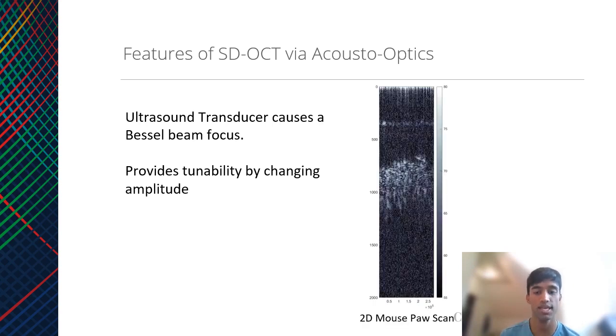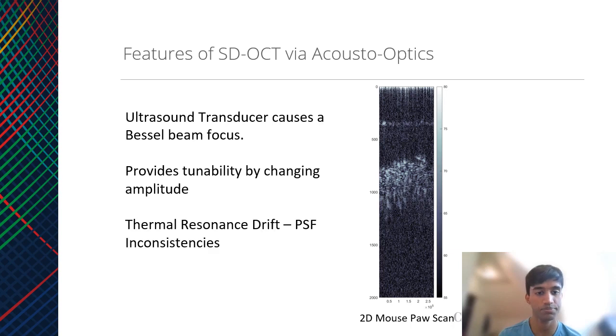So here I have a scan of a 2D mouse paw, and you can see some of the bone structure in here that's reflecting pretty well as opposed to letting it through or getting scattered along the skin of the mouse paw.